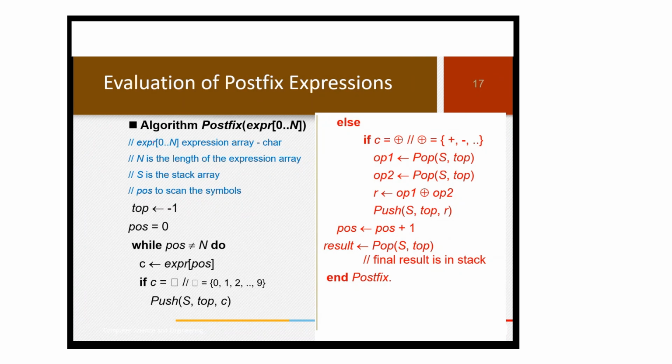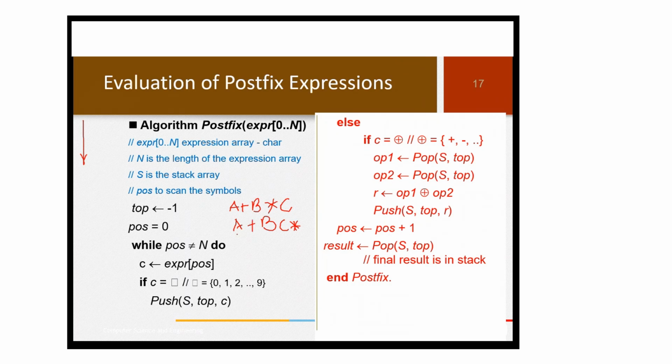This algorithm assumes that we already have a postfix expression; how do we evaluate it? Supposing I have A plus B star C. The equivalent postfix is: B star C is evaluated first, so BC star, and then A plus.